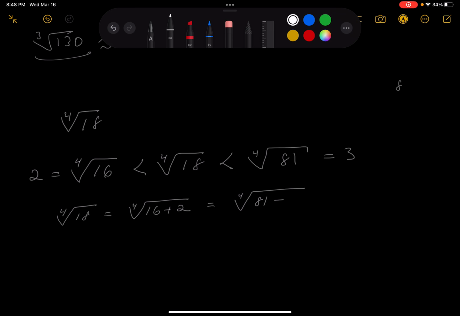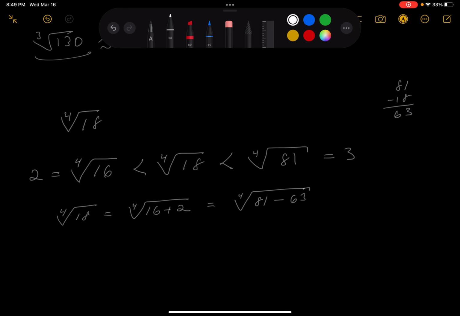So 81 minus 18, that's going to be 63, isn't it? So I have to put that down, 81 minus 63, okay? They're both going to be equal to 18, by the way. 16 plus 2 is 18. 81 minus 63 is going to be 18 as well.